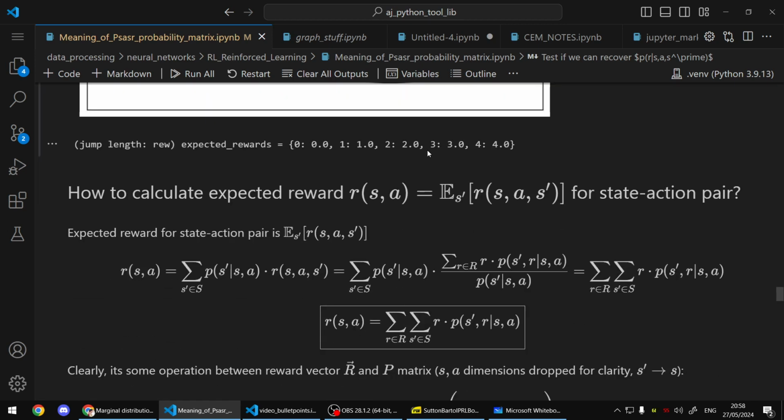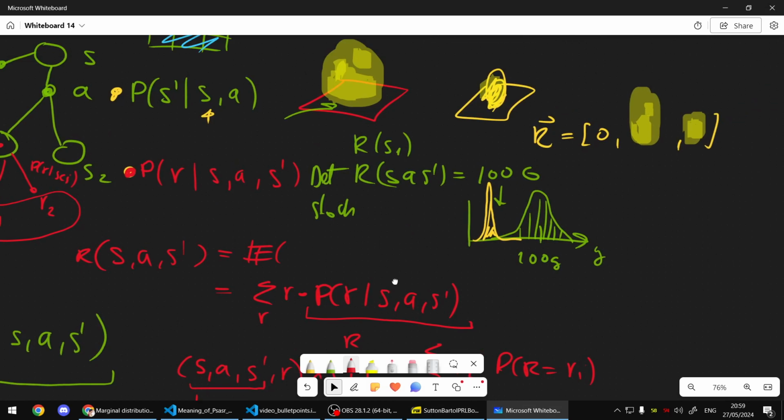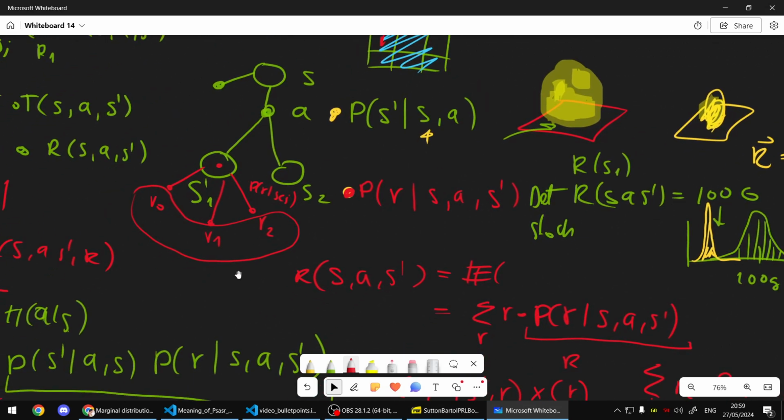So what do we do next? We can return to our diagram, and we can now calculate the reward of taking action A from state S. So in a sense, we have calculated expected values of states, at least in the sense of instantaneous reward.